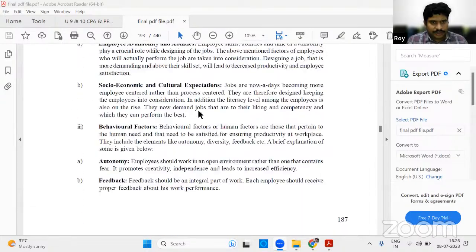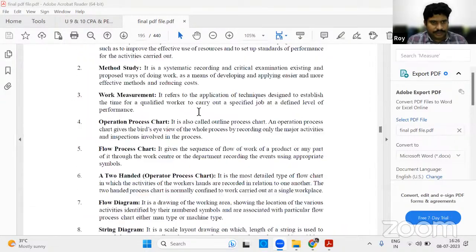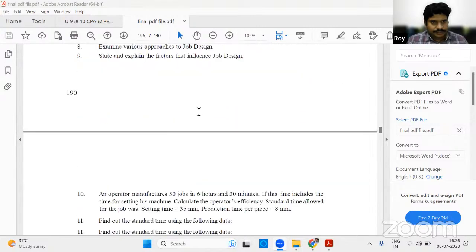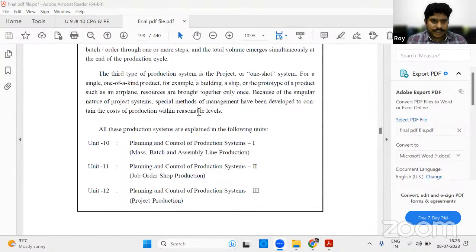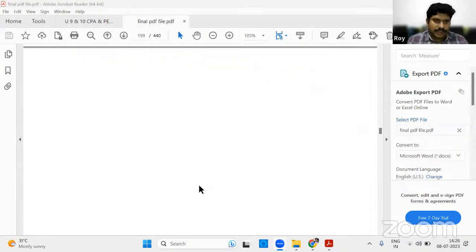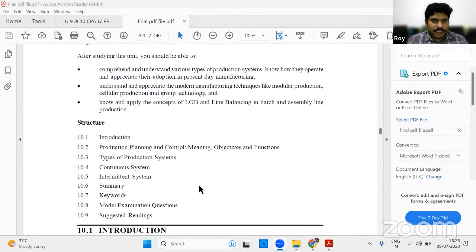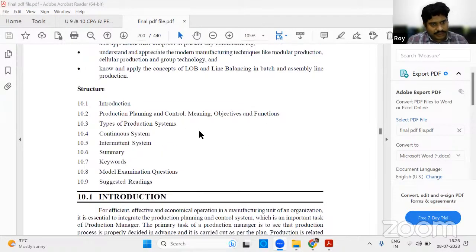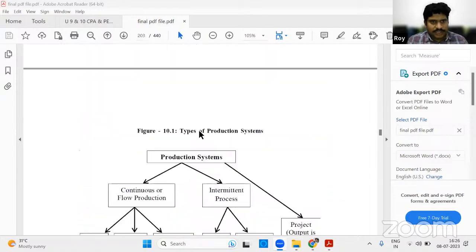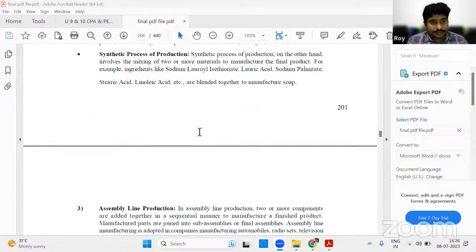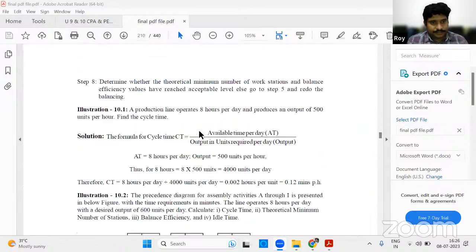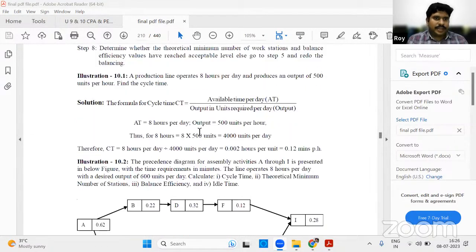Sorry, I just want to show you the syllabus, that is why I'm going through this. Planning and organization, yes, here. Job shop, the job shop. In that, we are learning this. Production system, continuous systems is done. Next, yes, we are here now.